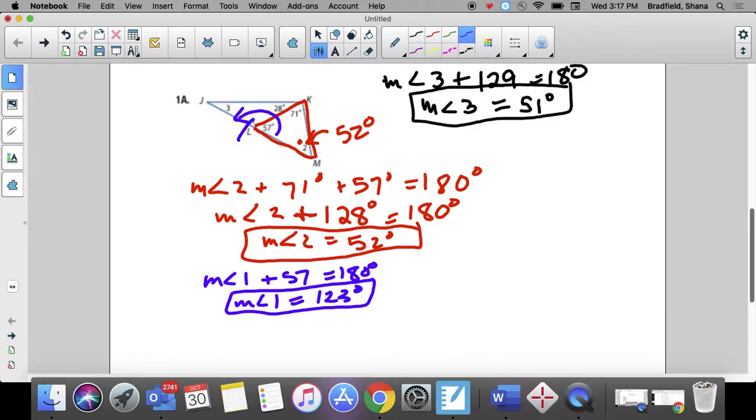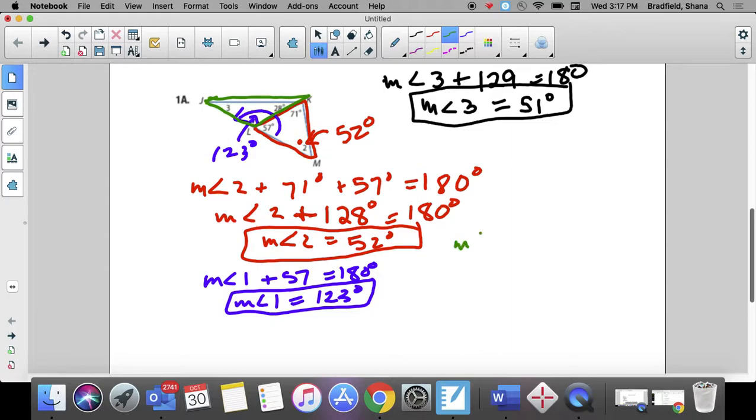Now I can use that for angle 1. Now in triangle JKL, so I'll highlight that here, JKL, I now have two angles. I've got the 28-degree one and the 123-degree one, so I can use the triangle angle sum theorem to find angle 3.